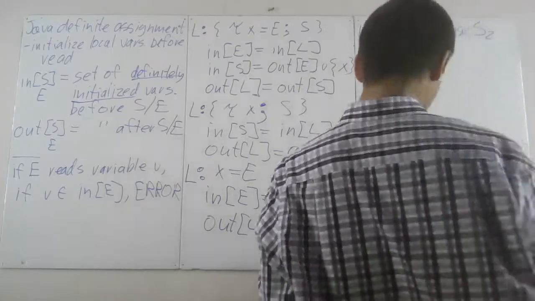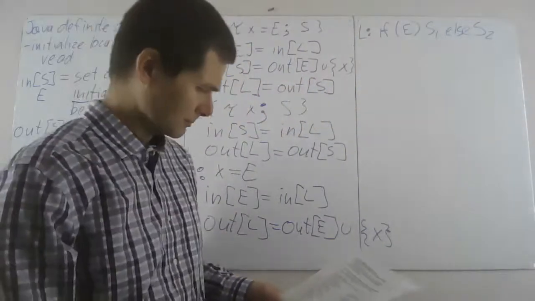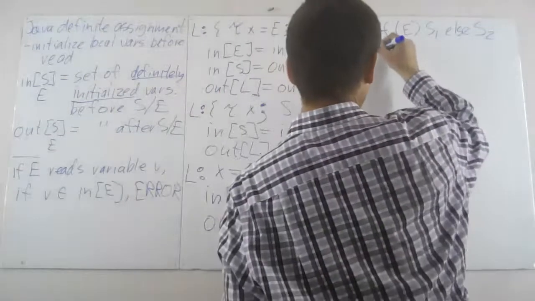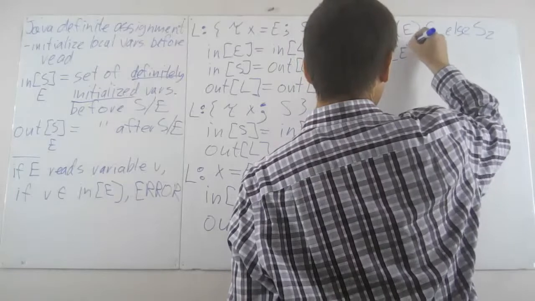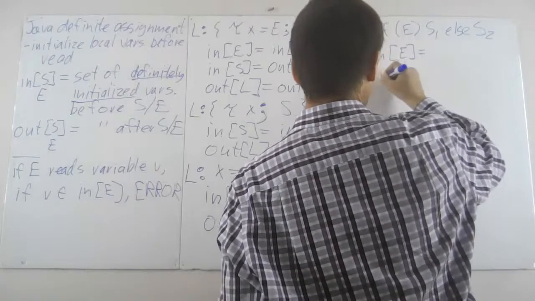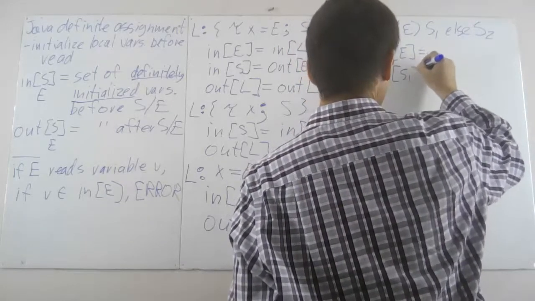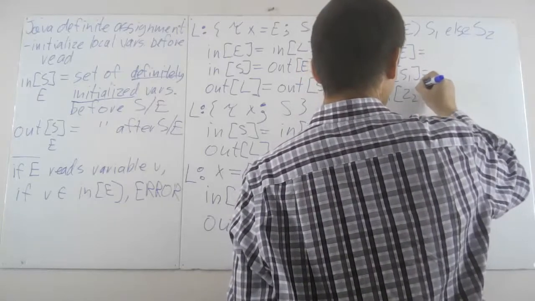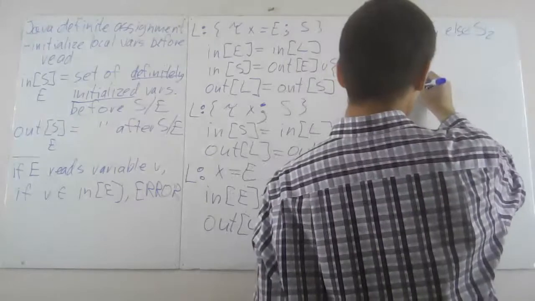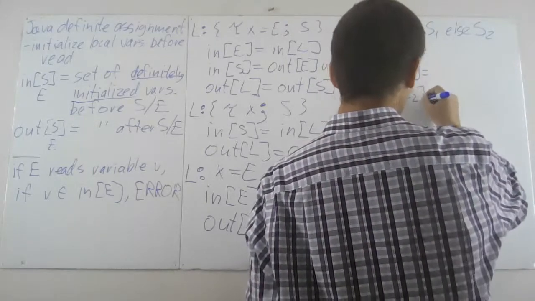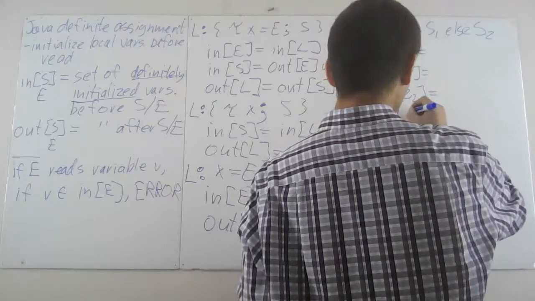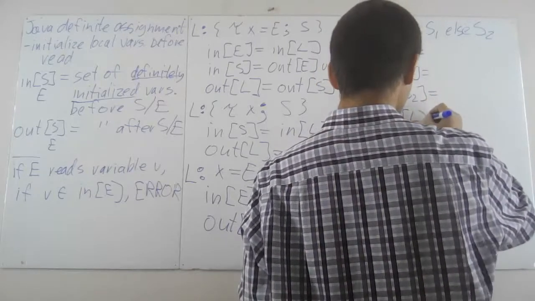So you could do this for loops as well. Okay, and so I need in of E and in of S1, in of S2, and out of L.